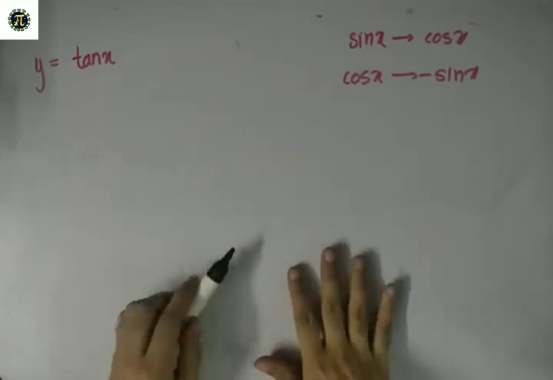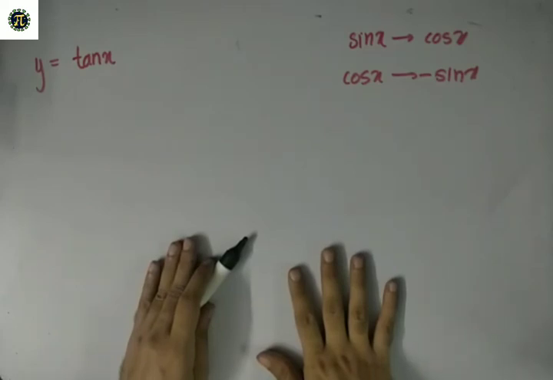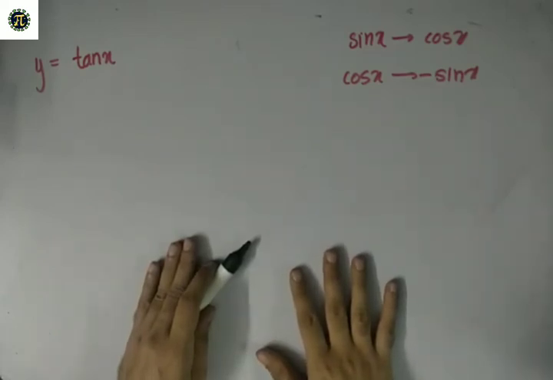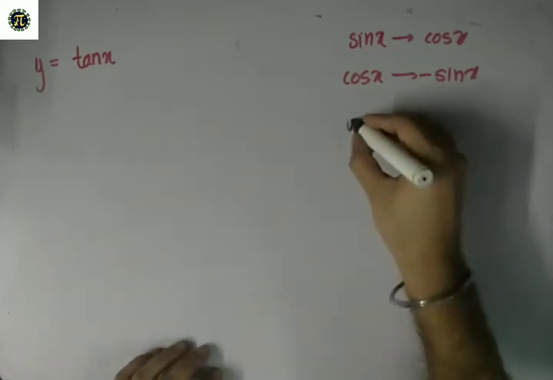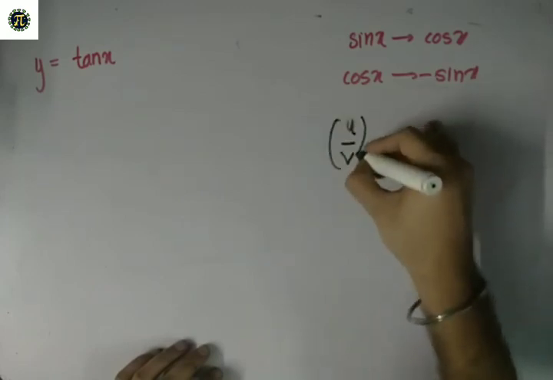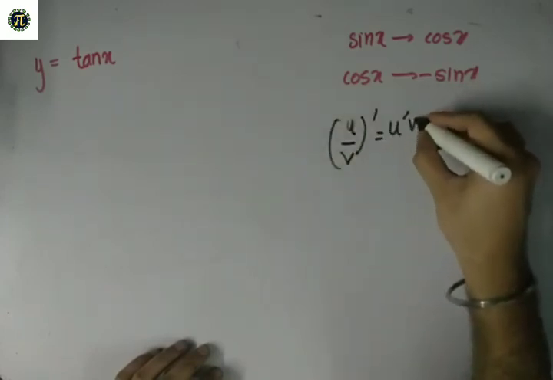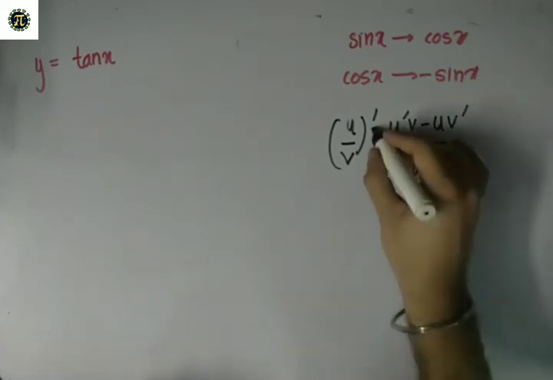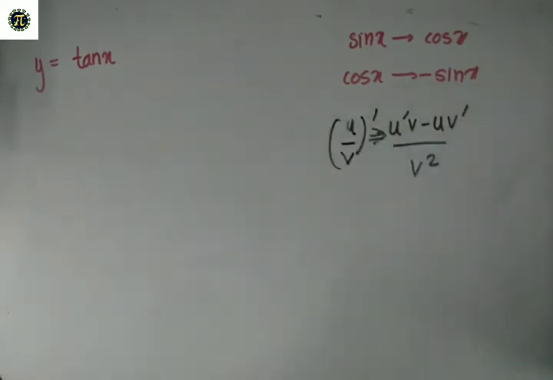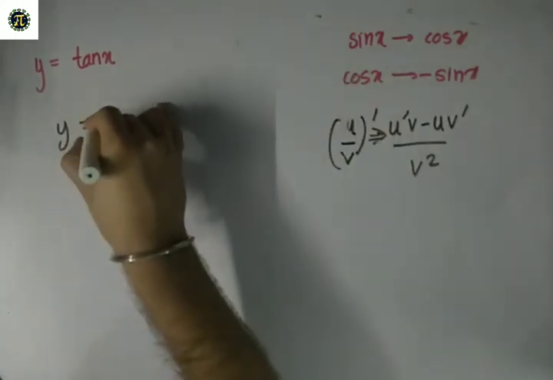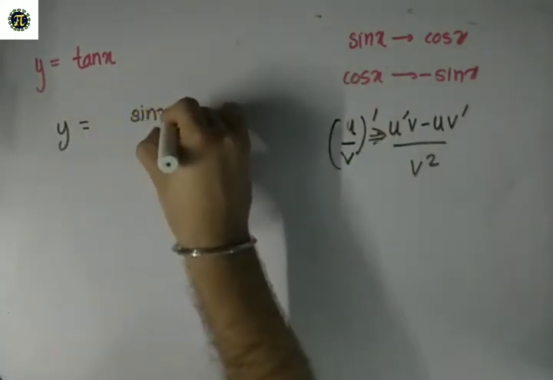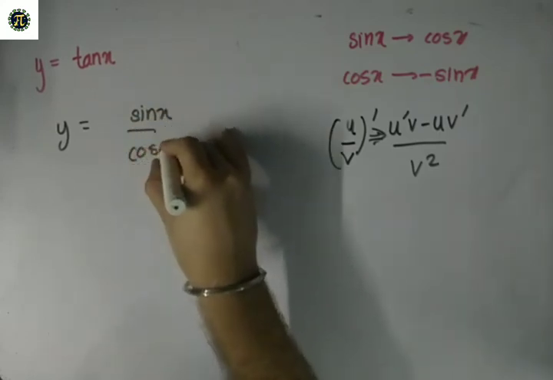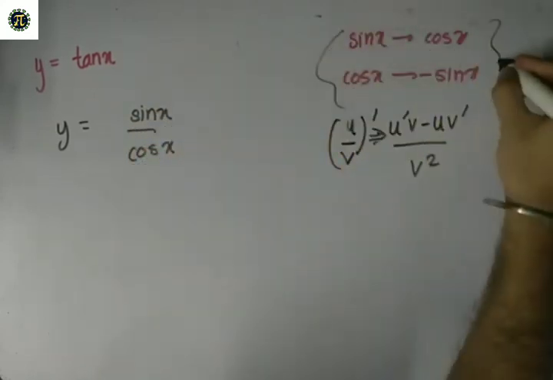So the idea is fairly simple. We will use the quotient rule. We will use u by v dash is u dash v minus uv dash by v square, the differentiation of this function. And you will say I don't see a division, but yes, we have sin x by cos x, assuming those two formulas are correct and you remember them also.